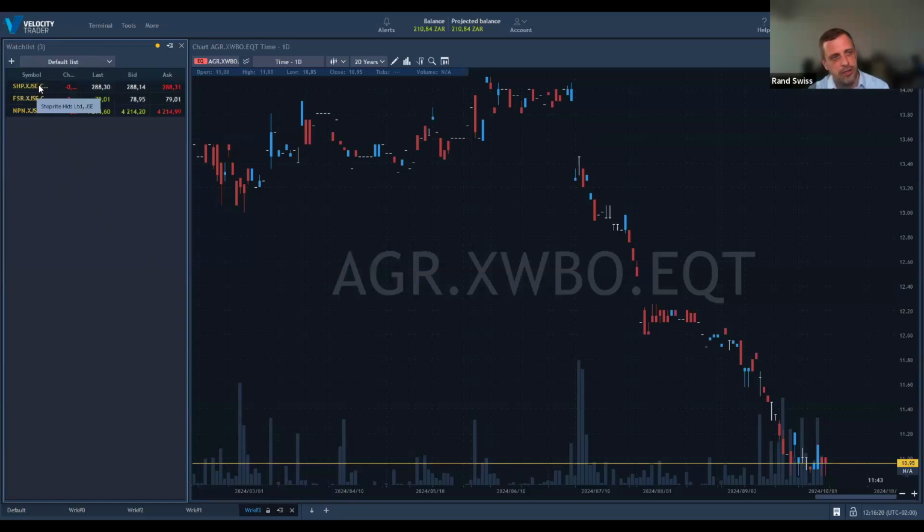Or if you hold control, you can select which ones you want. But let's say I want to remove all of them, so I use shift, left click, select all of them, right click, remove selected symbols, and just like that, I can remove everything in one go. So I don't have to go one by one by one.